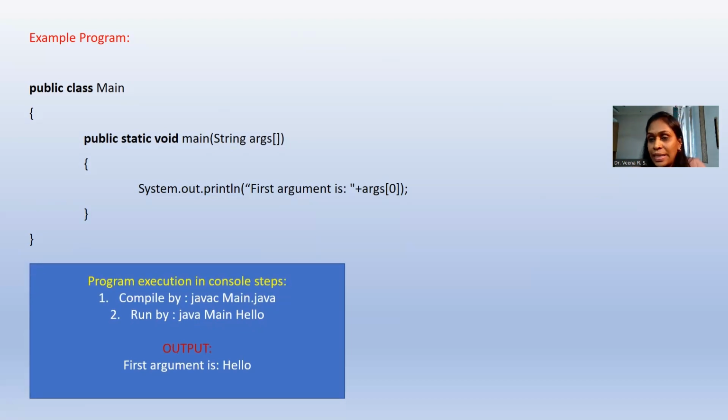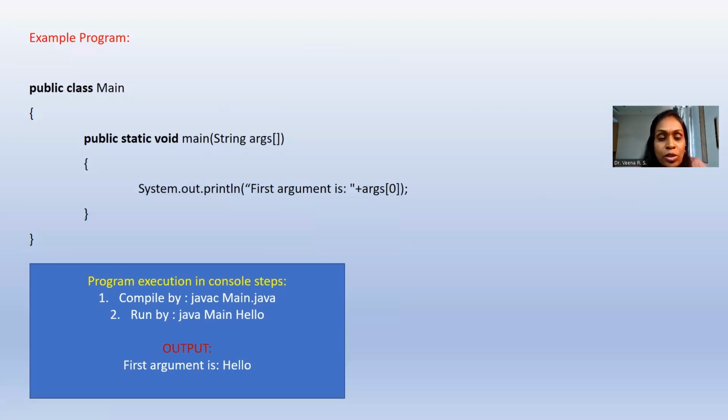You first compile the program using the command javac, followed by the name of the file. The file name will always be the same as the class name. As the class name is Main, the file name will be Main.java. If there are no errors, the Main.class file will be generated, which is bytecode and can be given to the JVM for execution.